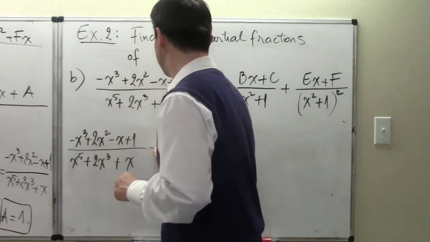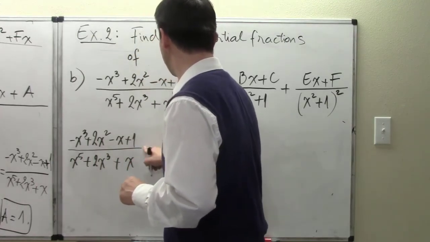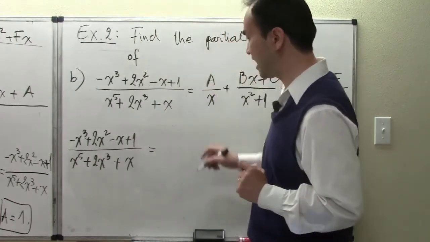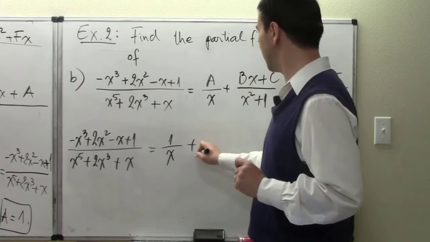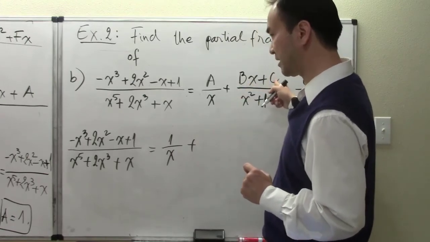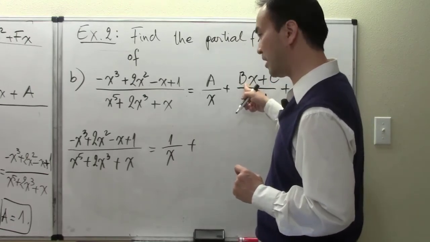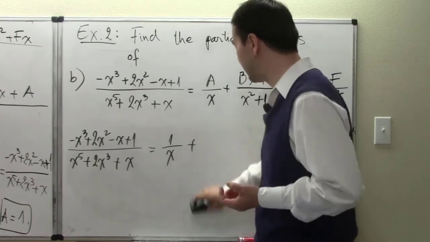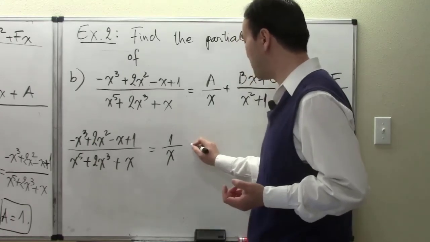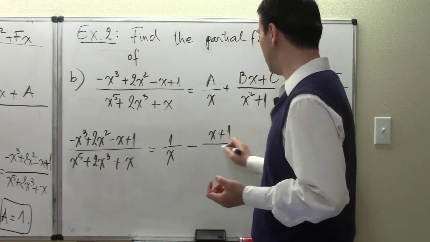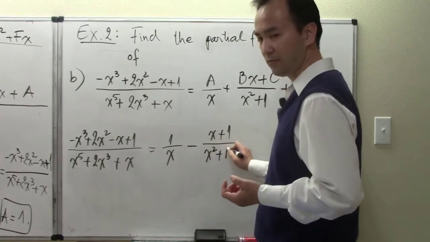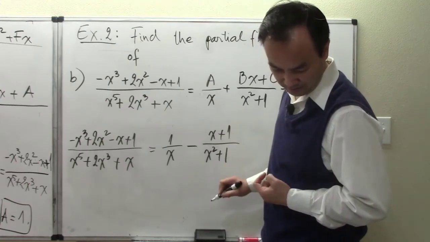And then we need that to be equal to some partial fractions. A over x, and a was 1, so it's 1 over x. Plus, now we're looking at b plus c right there. But b was -1 and c was -1. So let's write it this way, minus x plus 1 over x squared plus 1.